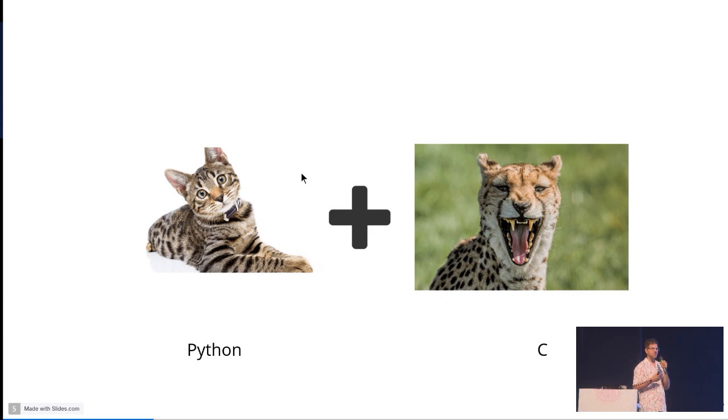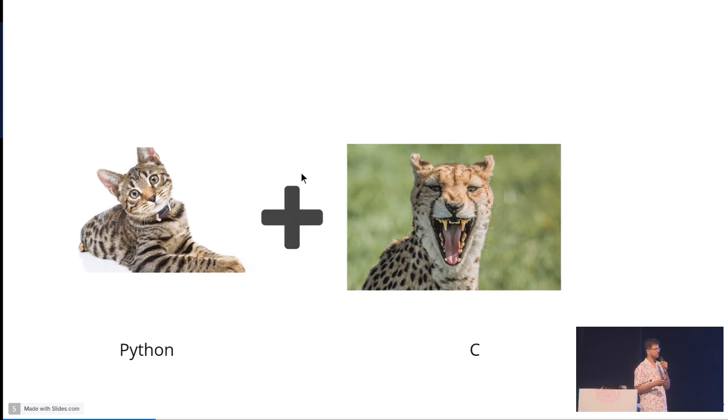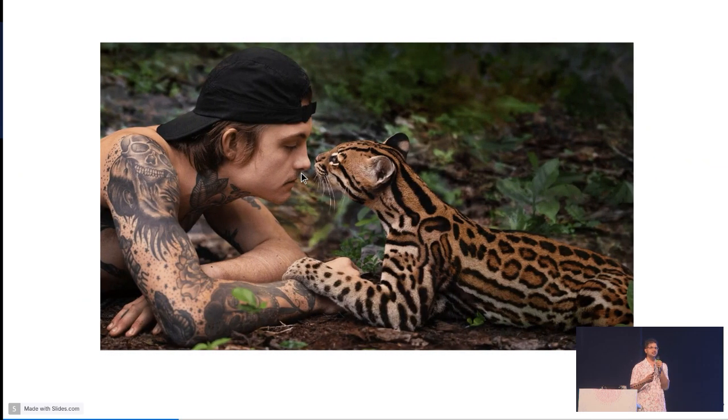If we combine these two, this is what we get: a wild cat called an ocelot. This ocelot can be domesticated, but you need to live in the forest.